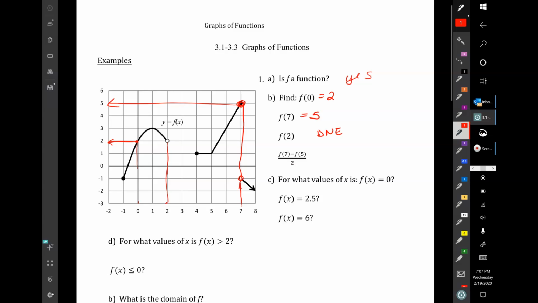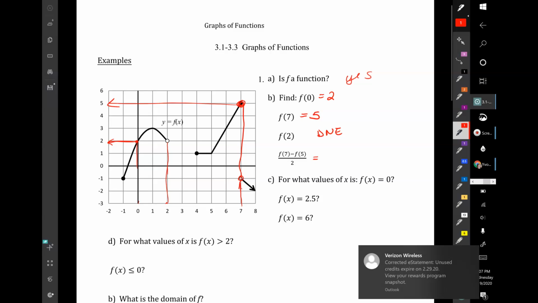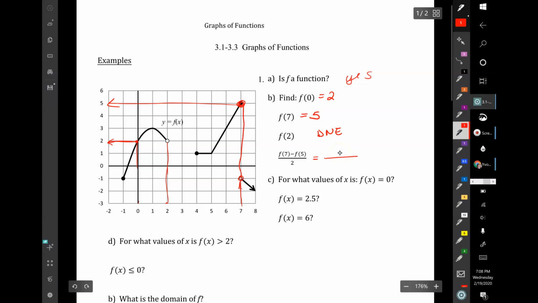F of 7 minus f of 5 over 2. We might recognize that 2 being the difference of 7 and 5. So what I need to figure out is the value at f of 7, and I have that right above here. I can reuse that one right here.